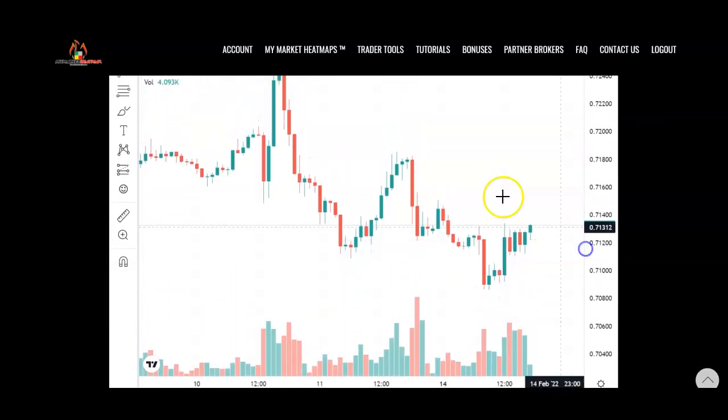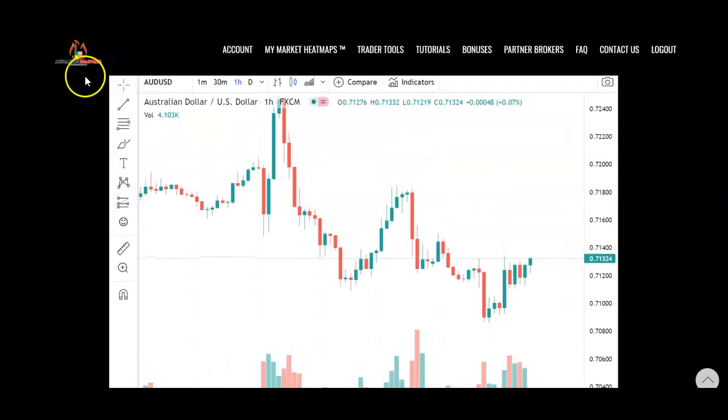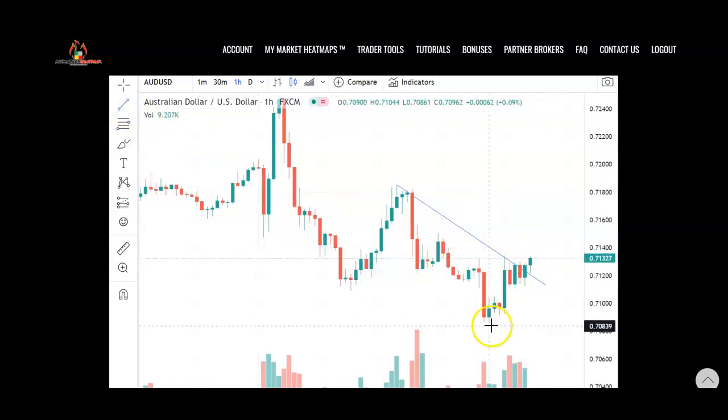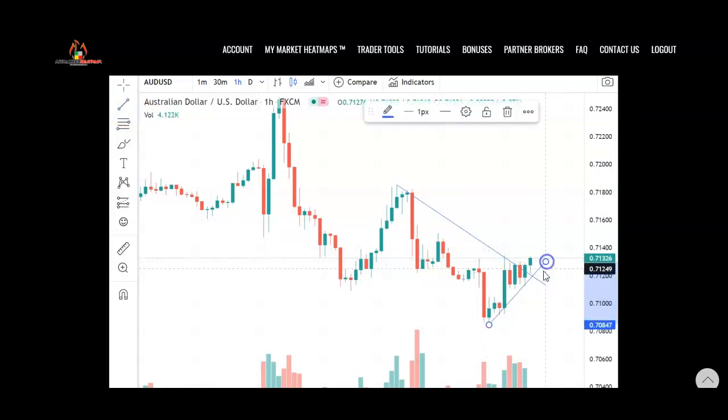You can see we can draw a trend line, and we can actually show even from here, trend line, that this was an old high, and we're just breaking above that, and we have another rising trend line here, and we've actually closed above this high, about 71.33.